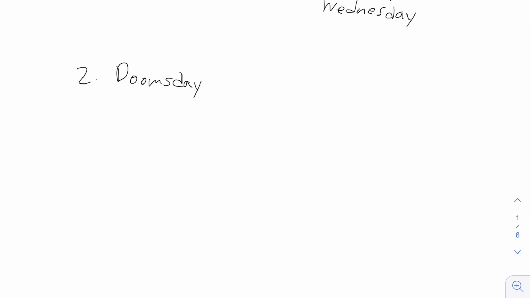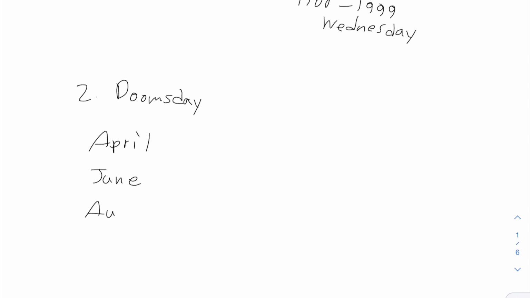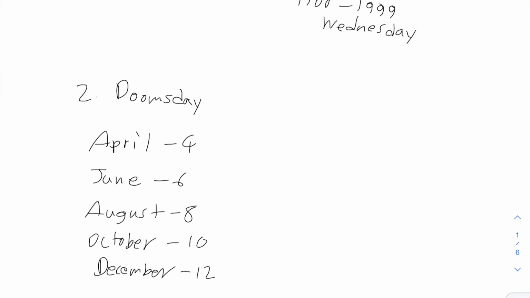A good way to remember some key dates that fall on Doomsdays is by remembering that for the even months after February, so for example, April, June, August, October, and December, we can pair them up with their corresponding dates. So, for example, April 4th, June 6th, August 8th, October 10th, and December 12th. And it's quite easy to remember them because they form the dates like this.